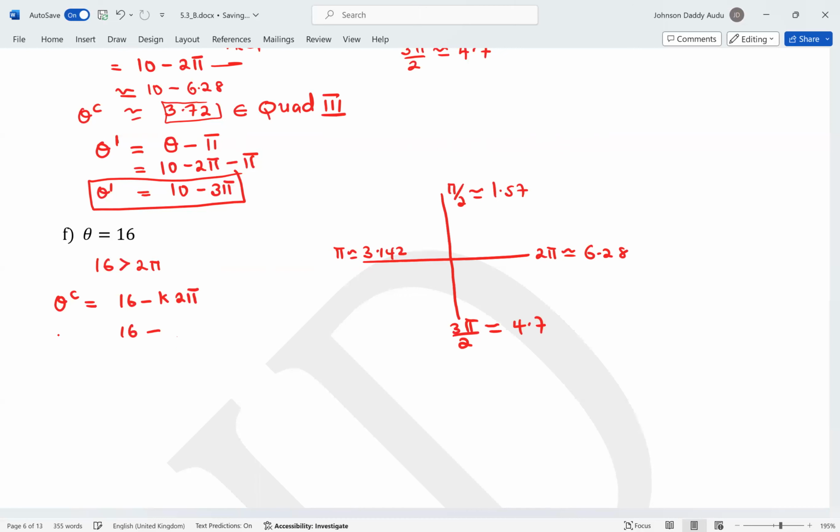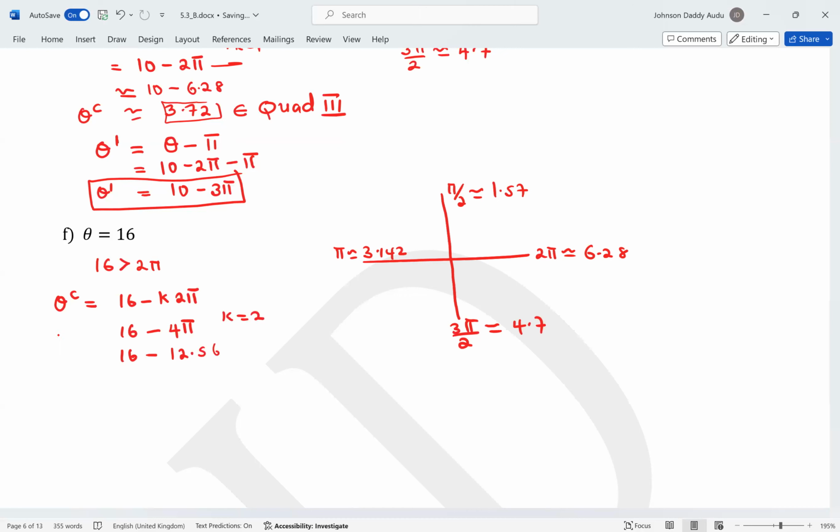So let's take k to be what? K to be 2. If k is 2, this will become 4 pi. Yeah, this will make sense because 16 minus 4 pi is just what? 4 pi is going to be about 12.56.